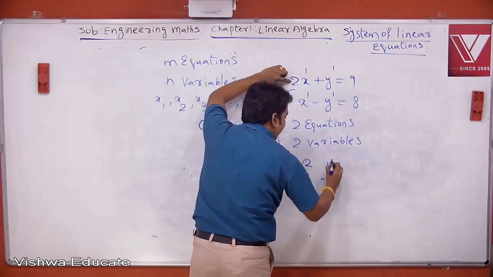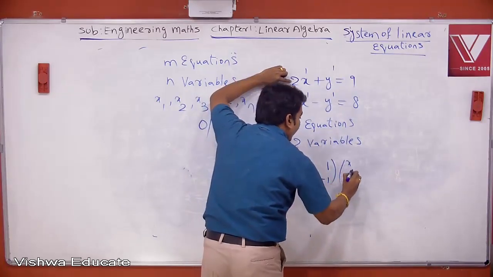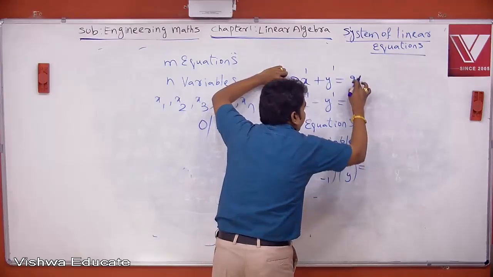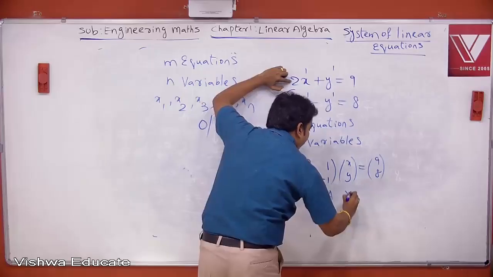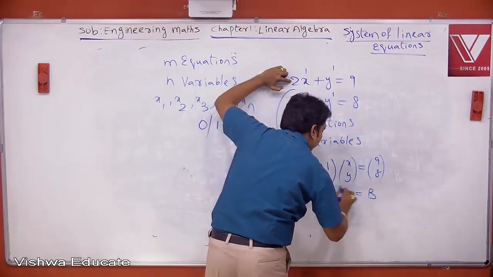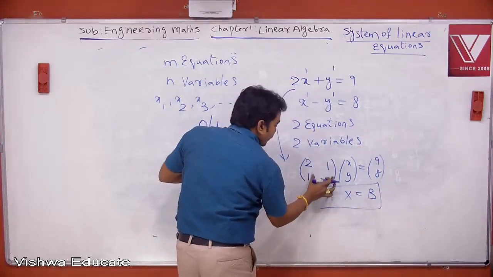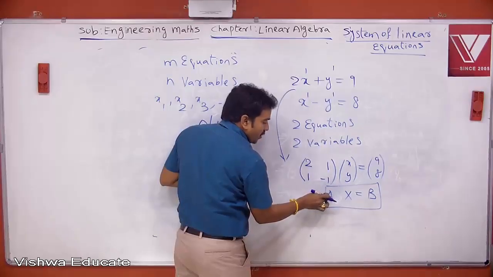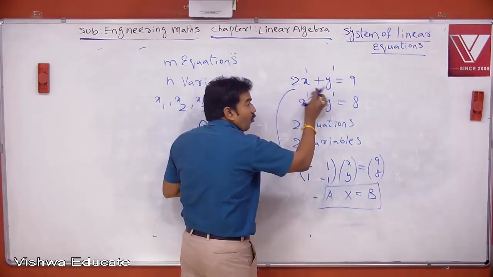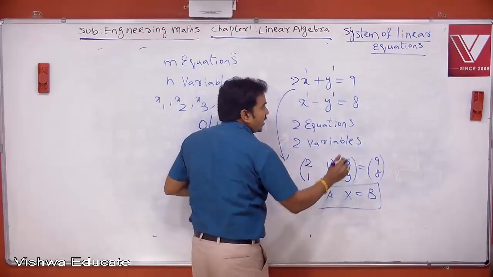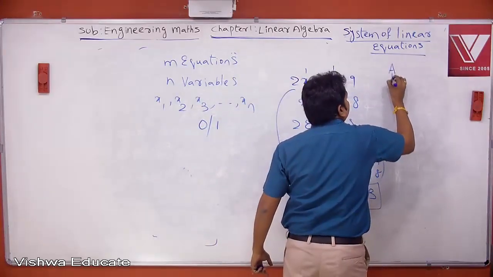Coefficient of y is minus 1. Into the variables x, y. Equal to the right side values 9, 8. Now this is in the form AX equal to B. Now this A is nothing but the coefficient matrix because this is the matrix obtained by considering coefficients of all variables. Therefore this A is called the coefficient matrix.